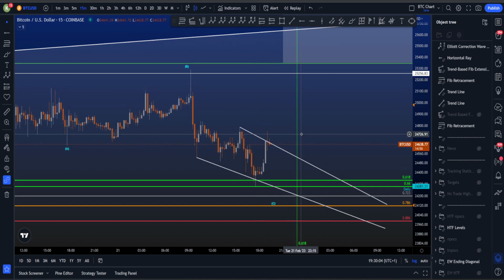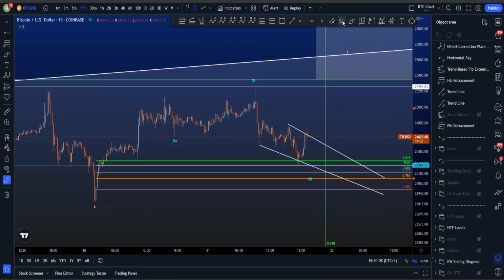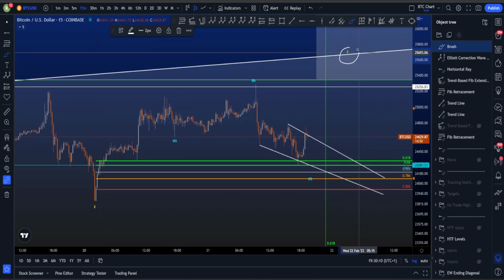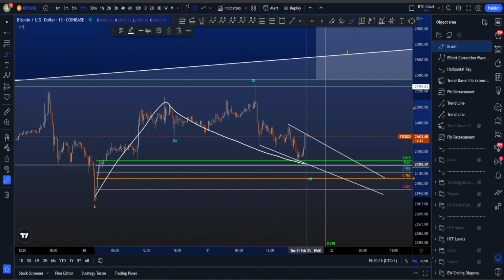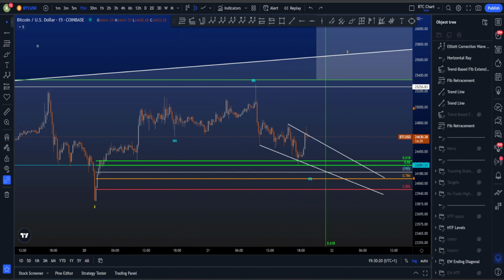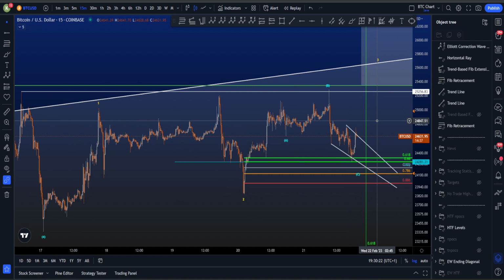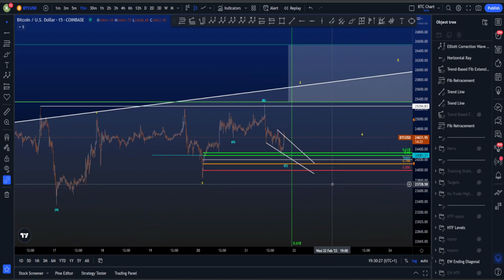So my overall thought is still that we are in the zigzag of wave 3, the yellow wave 3 over here, which basically means this is then a B wave, and then we have a C wave to go. So that being said, this is what I wanted to tell you guys. The ending diagonal scenario is, in my opinion, still very much in play.